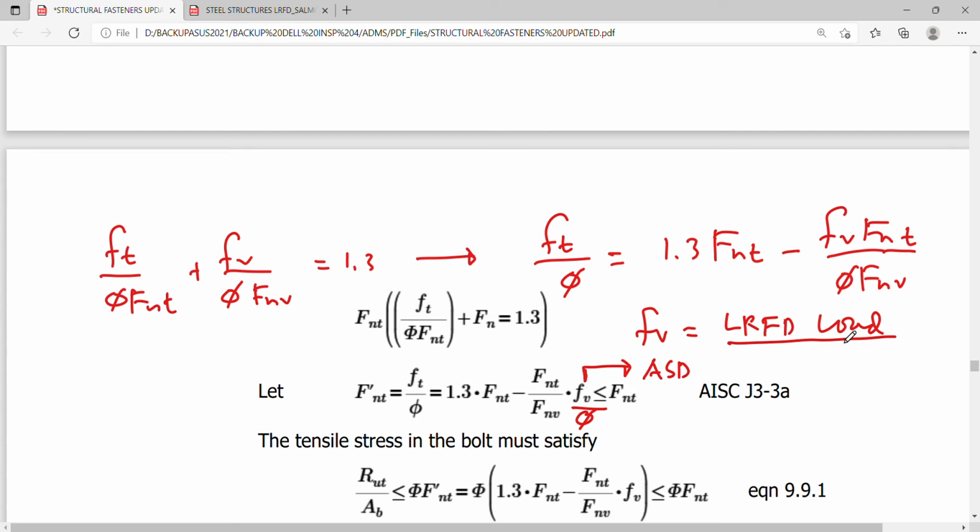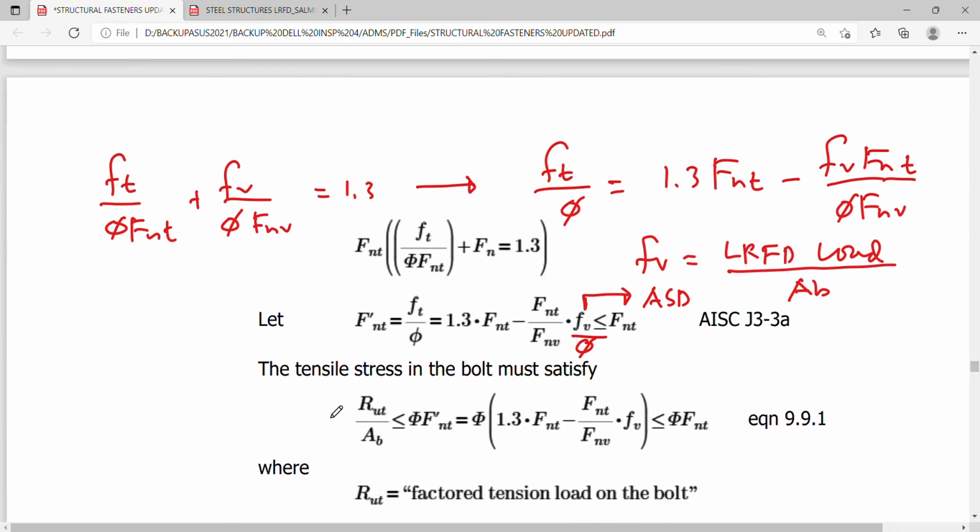It's not an LRFD variable. So LRFD load all over Ab is Fb, to get rid of the phi value. I'll show you that when we go to the problem, so that you won't be confused.